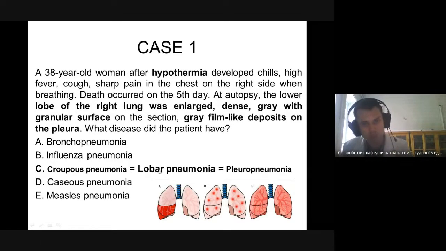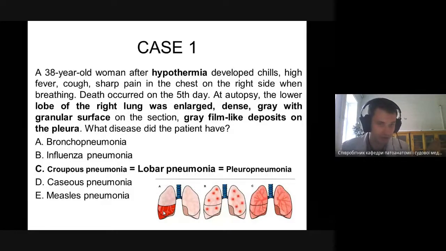Kruppe's pneumonia, lobar pneumonia, or pleural pneumonia. Lobar pneumonia emphasizes the fact that this pneumonia can affect 1, 2, 3, 4, 5 lobes. Is it possible to have 6 lobes with lobar pneumonia? I don't think so, because anyone has only 5 lobes.